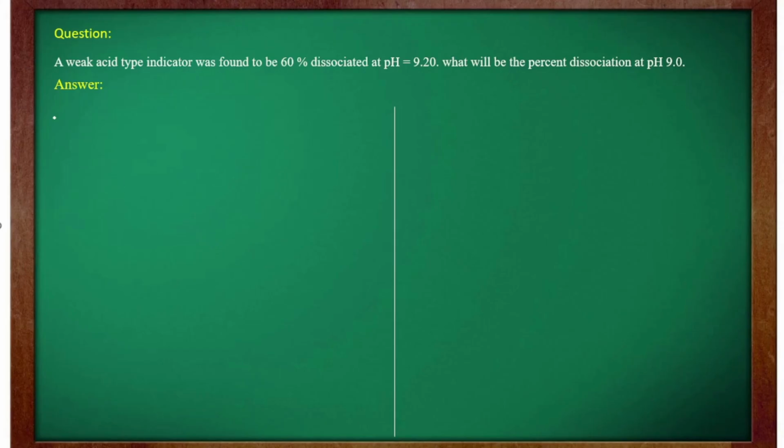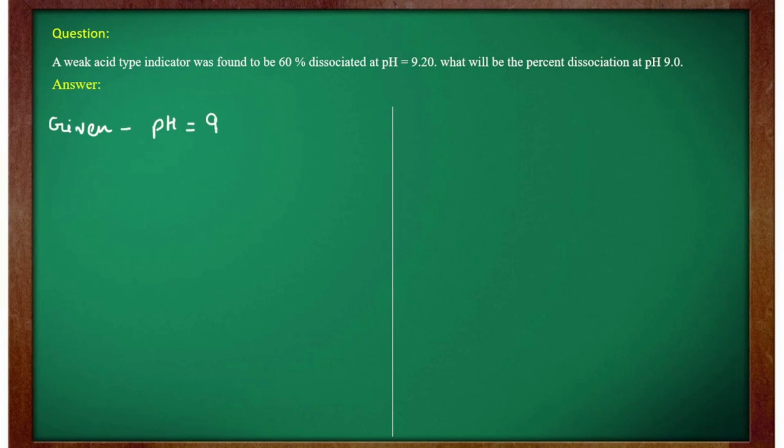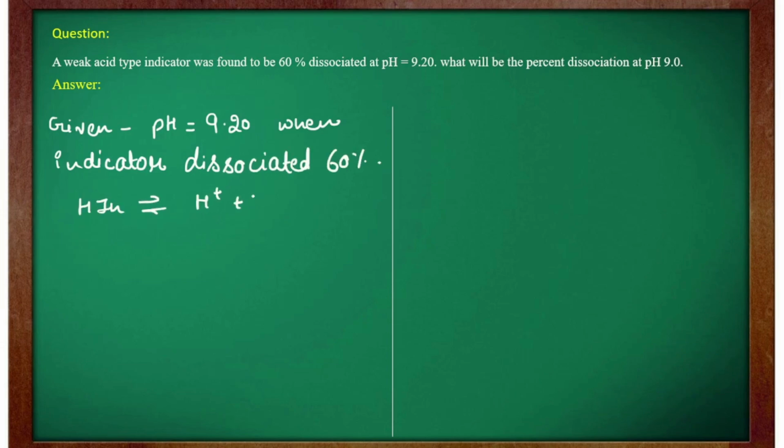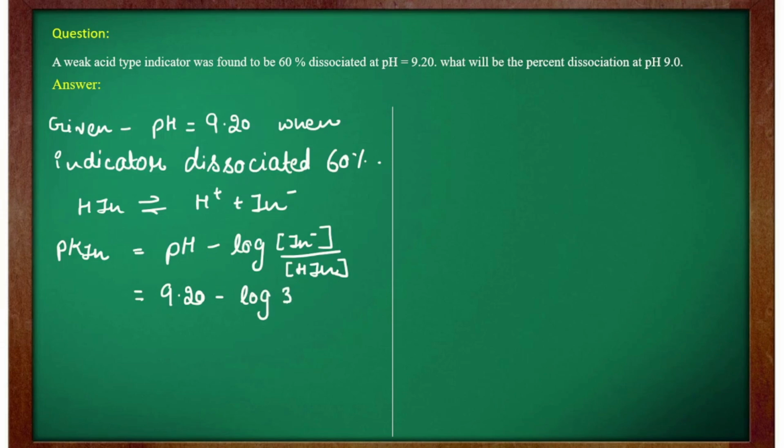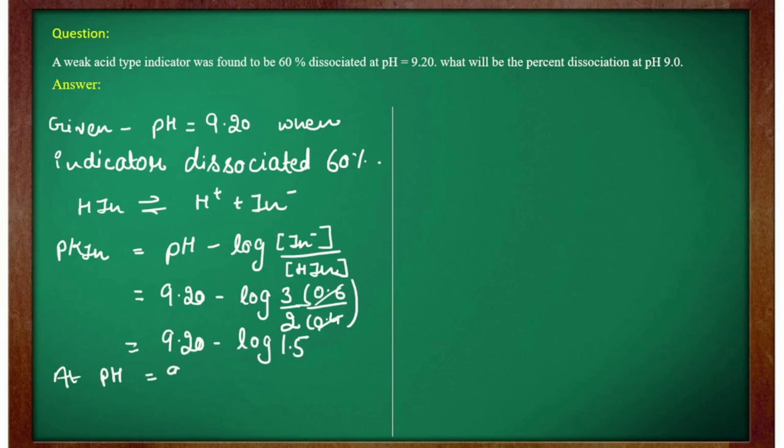In the above question, pH is equal to 9.20 when indicator dissociated is 60%. After equation pKin equal to pH minus log of concentration of In minus divided by HIn, pKin is equal to 9.20 minus log 1.5. At pH 9.0, dissociation constant value of indicator does not change.